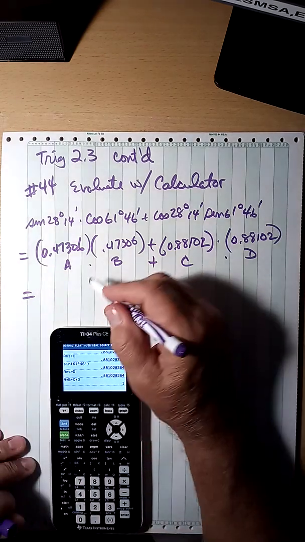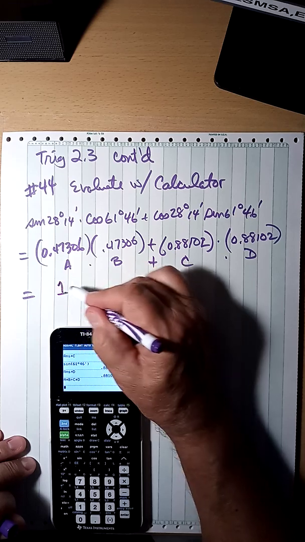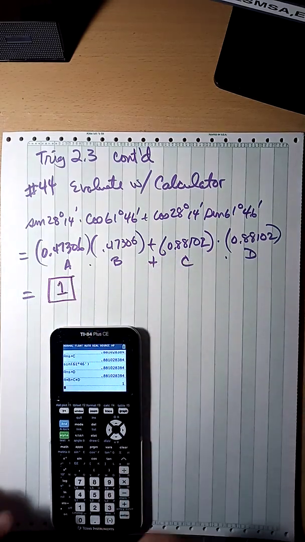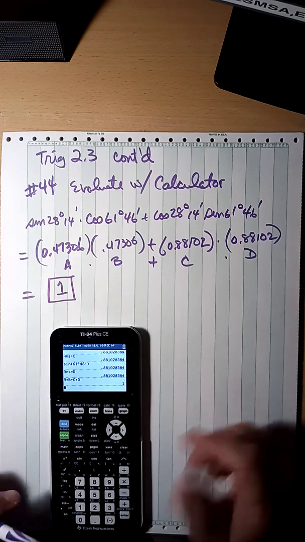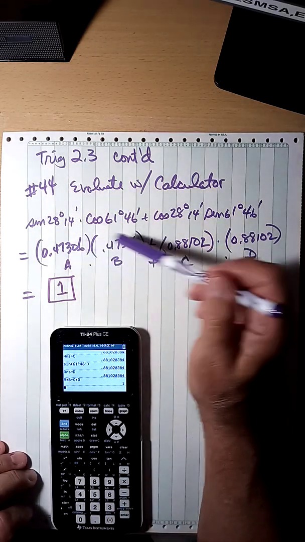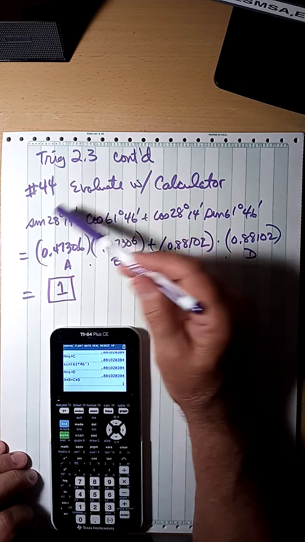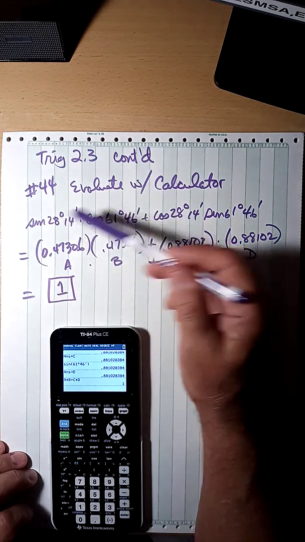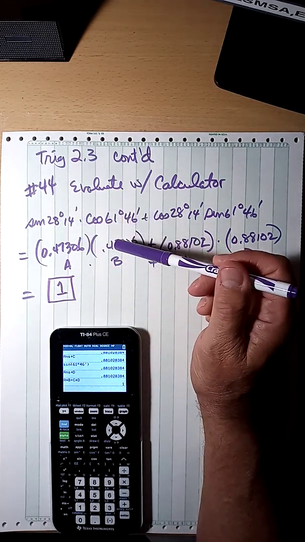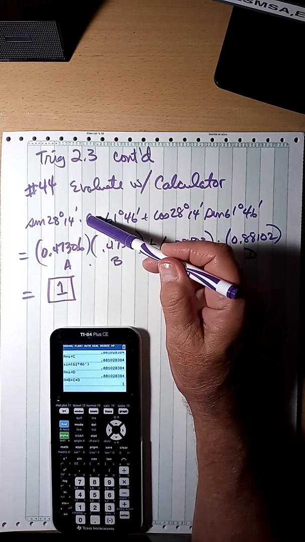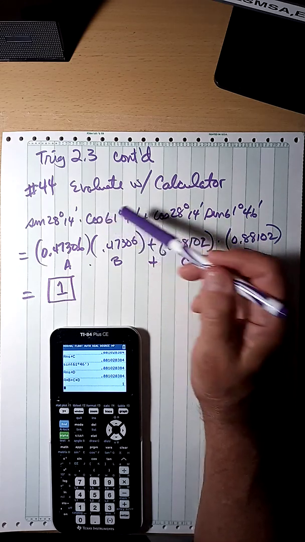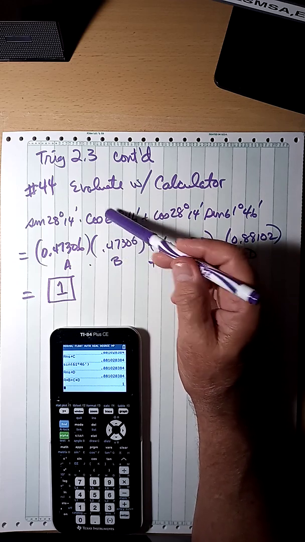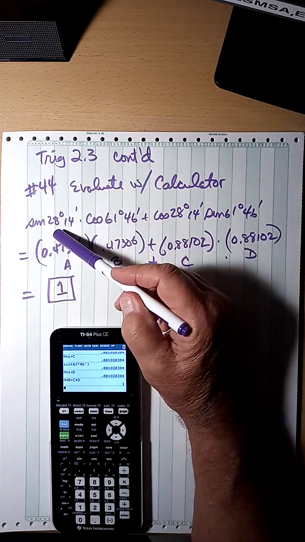1. Hold it. Could we have done that easier? Well, yes. If you notice, you've got the same values here because these are cofunctions and these angles are complements. So the cosine of 61°46' is the same as the sine of whatever makes that go to 90, which I bet is 28°14'.